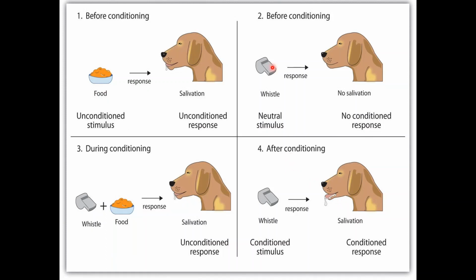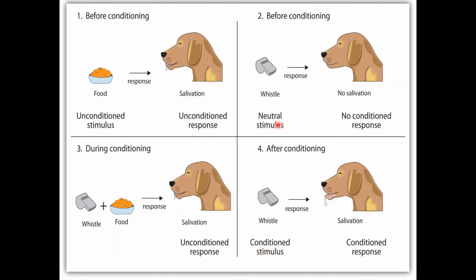So the basic elements here that you need to know: the neutral stimulus, the unconditioned stimulus, the unconditioned response, the conditioned stimulus, and the conditioned response. Take a second, pause the video, and think through that, and make sure you understand those variables. Helpful hint: the neutral stimulus and the conditioned stimulus are always the same thing.